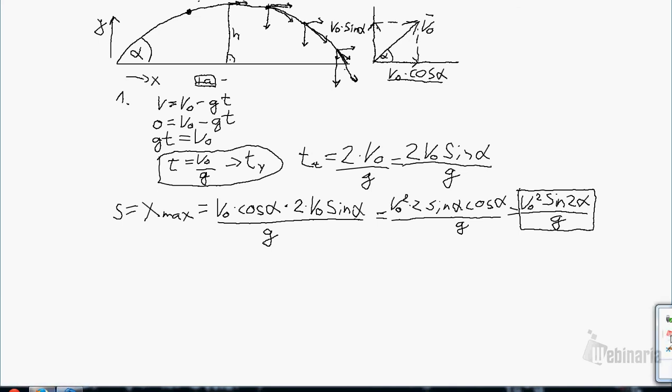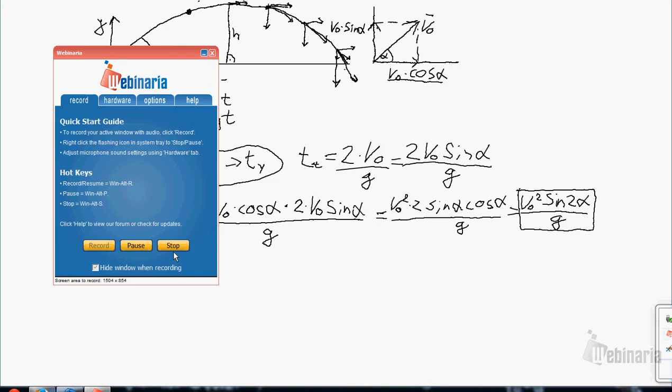You can check it out. It's a trigonometric identity. It means it equals sine 2 alpha over G. Okay, this is it for now, and in our next video we're going to check the maximum height this object can reach. So it's going to be the Y max. Okay, see you later.